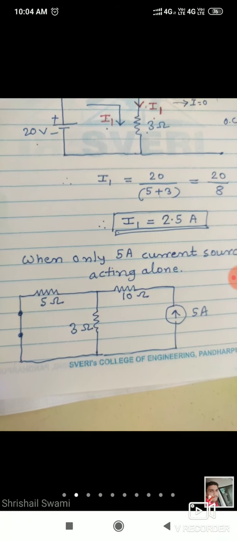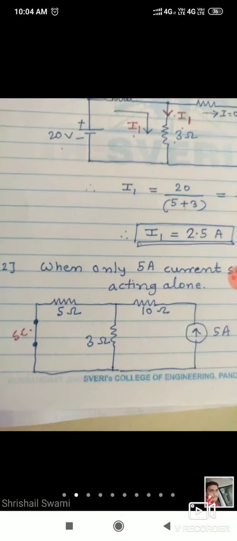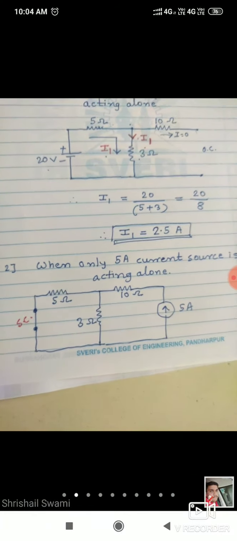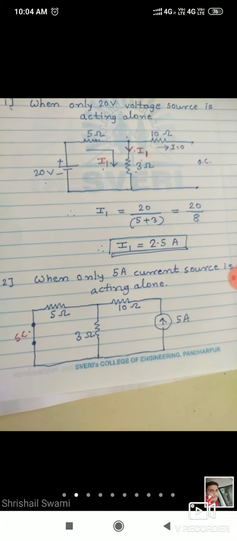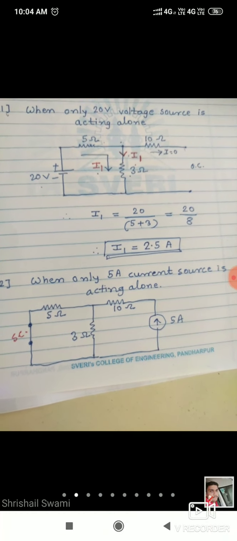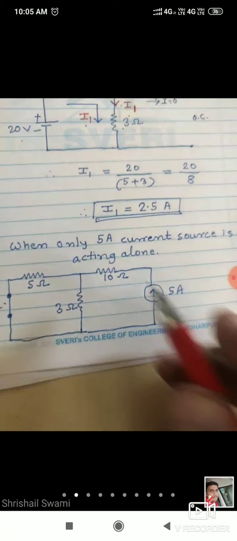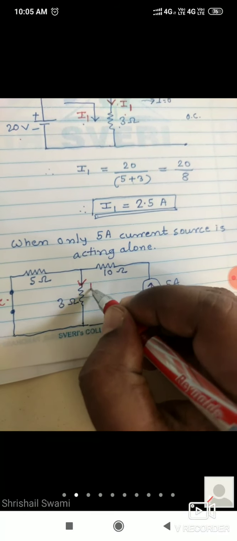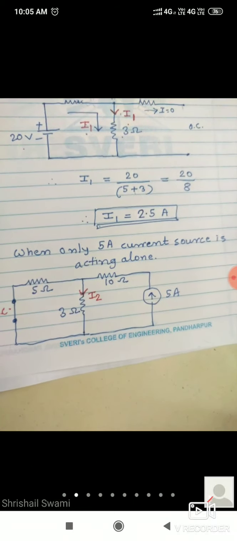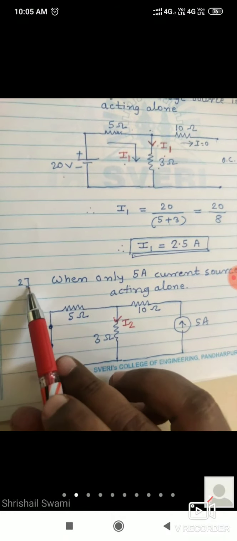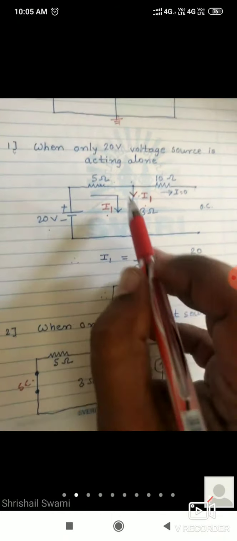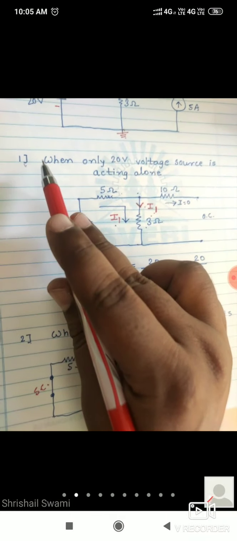Carefully observe what I have done. This will be the short circuit. It is an ideal voltage source, so the ideal voltage source is replaced by a short circuit, and this current source is kept as it is, because due to that current source you have to find the current passing through the 3 ohm. Now I will give the names I1, I2. Why 2? Because here it is the second response, that's why 2. Here it is I1 because the first response was there.